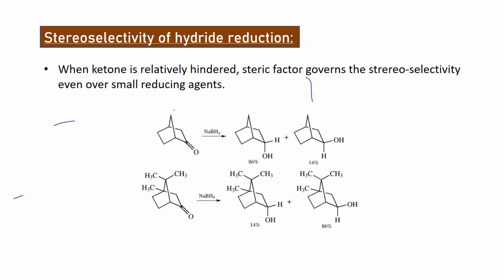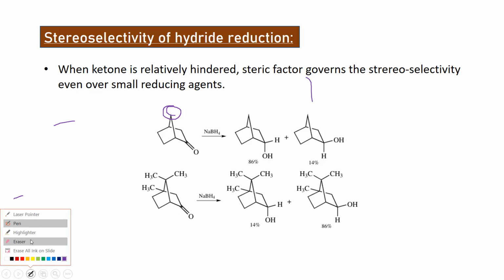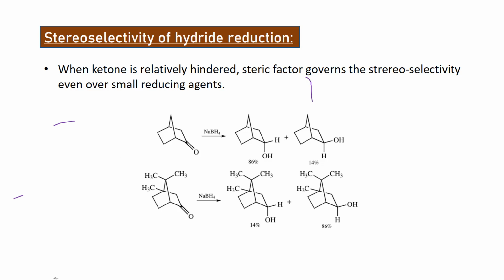this type of group. Now in this case, this axial plane has this carbon, and as there is a carbon center, there are two hydrogens. Because of that, the axial attack becomes less favorable. Because of these two hydrogen atoms, this attack becomes less favorable.